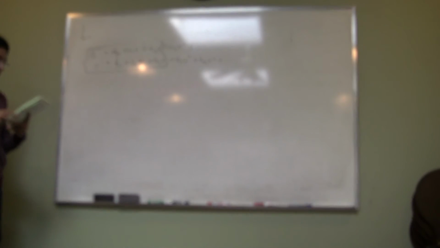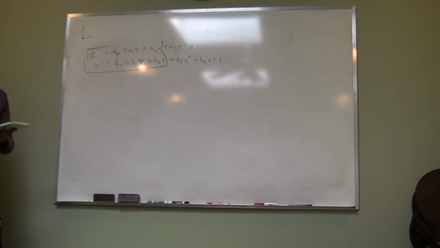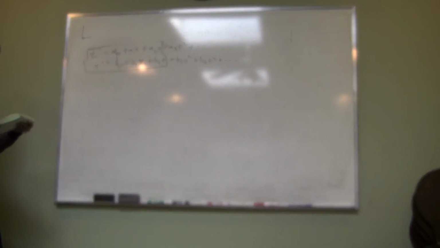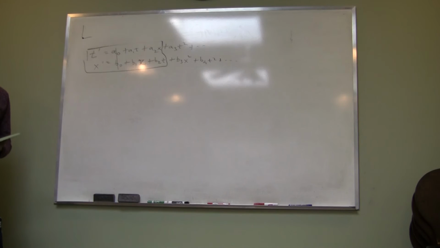Using that, if you manipulate, do you want me to go through it or no? Using very basic algebra, you will get the transformation laws. So it's very simple. There's a postulate that the velocity of light is constant, and using this you can very easily come up with those transformation laws.